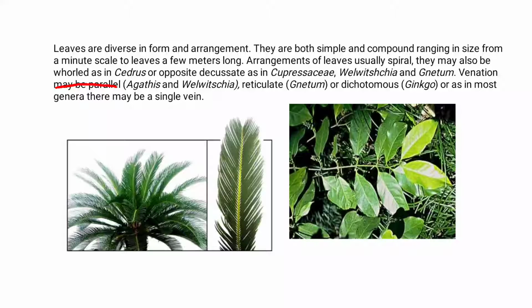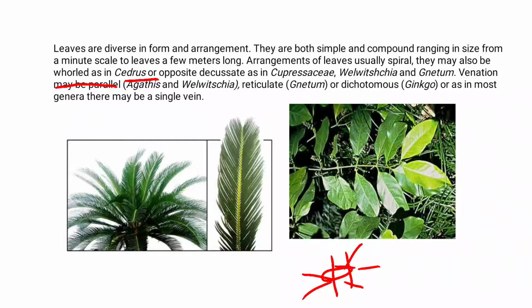Whorled means from a single point. If you consider this as a stem, the leaves are formed in the form of a circle. From a single point, many leaves arise like this. So, this is known as whorled phyllotaxy, and it is found commonly in Cedrus.